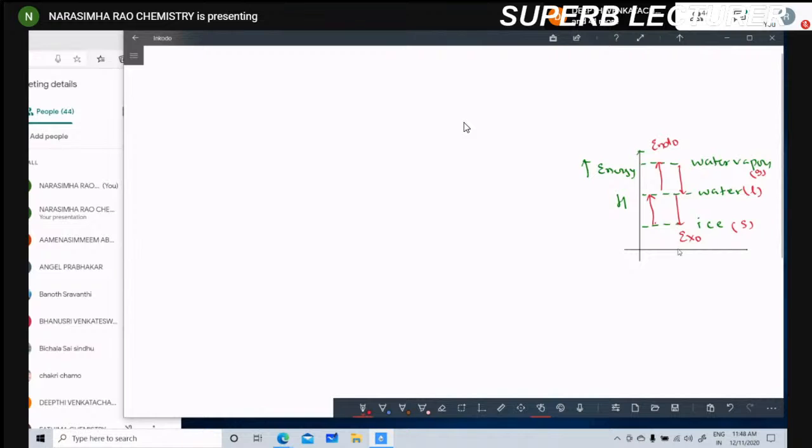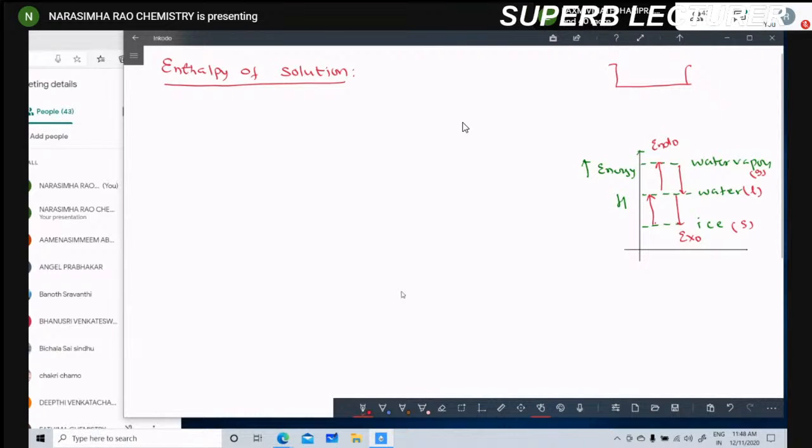Right. Now, another enthalpy term: the enthalpy of solution. What is the meaning of enthalpy of solution, children? For example, this is a vessel containing solvent.